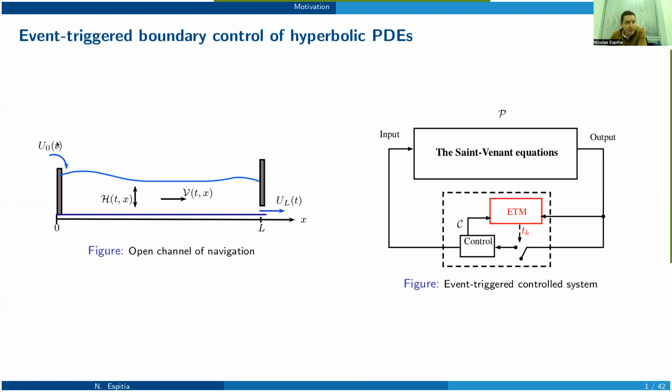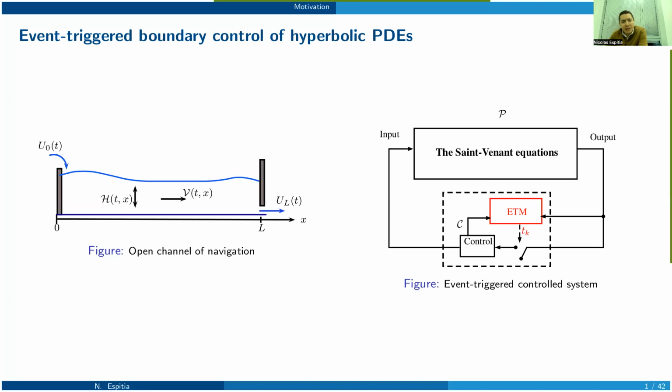And the flow rate is controlled through actuators, hydraulic actuators like mobile spillways or sluice gates or water gates, right, that are placed at the boundaries. So this problem can be reformulated as a boundary control problem, for which we can find in the literature a lot of results concerning the design of continuous time boundary controllers.